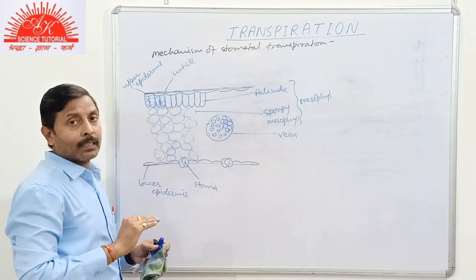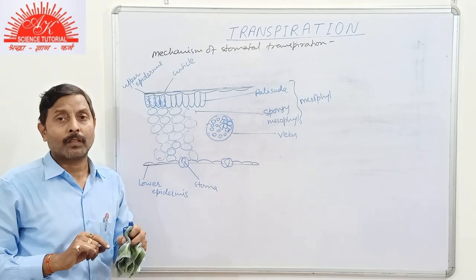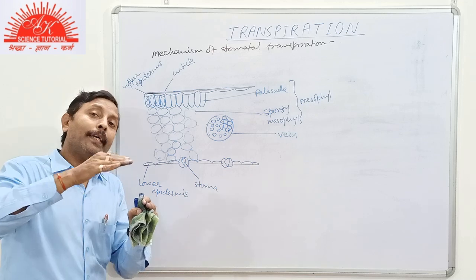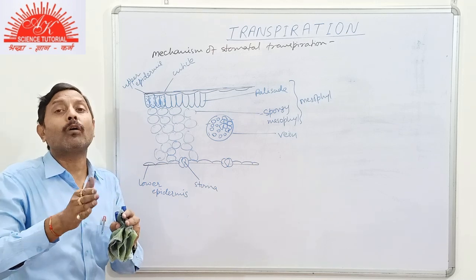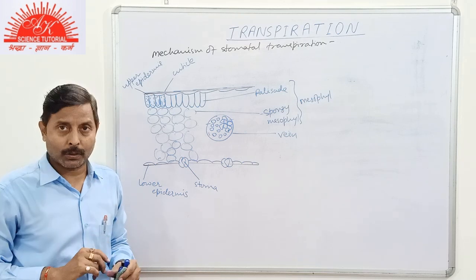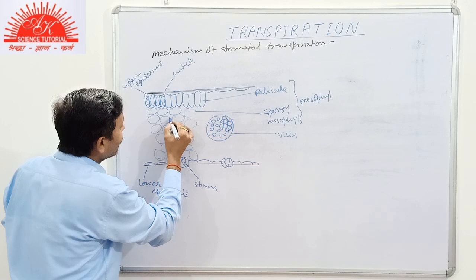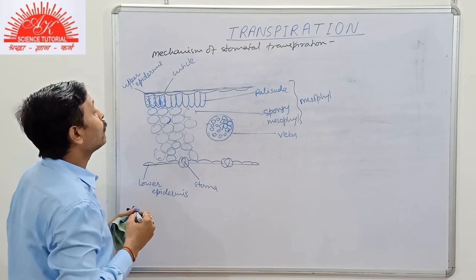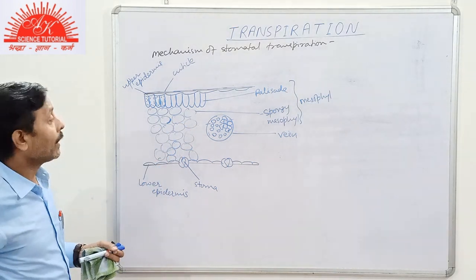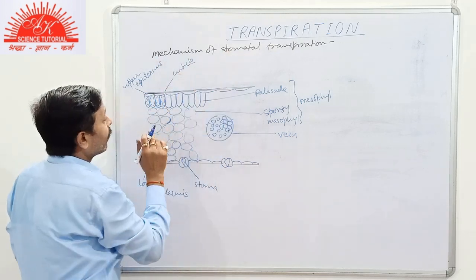From the veins, water reaches every cell, mostly through imbibition along the cell wall and partly through the diffusion process. So the surfaces of the leaf are moist. We explain here how we will start to write the mechanism.